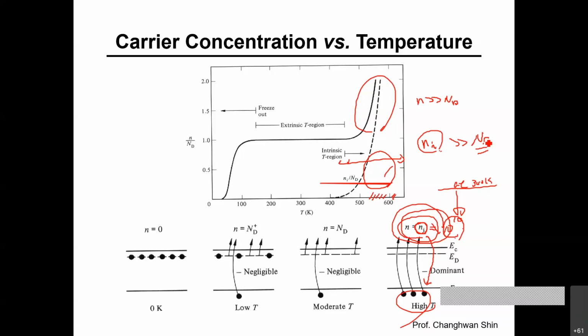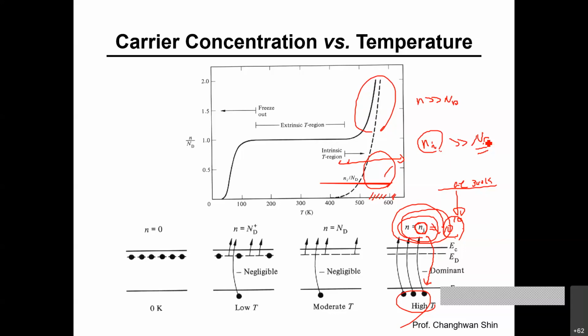Especially at very high temperature, even though the silicon is doped with acceptors or donors, the doped silicon material becomes intrinsic, becomes pure. The meaning of becoming pure is that the role of donors and the role of acceptors is meaningless.